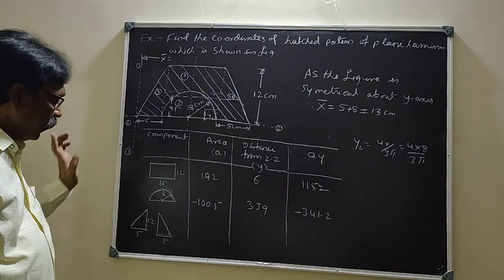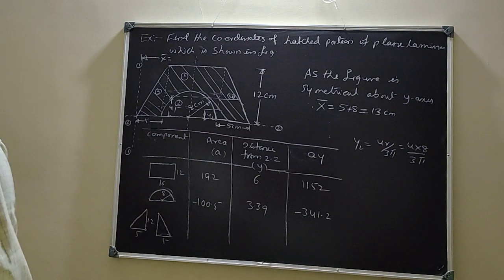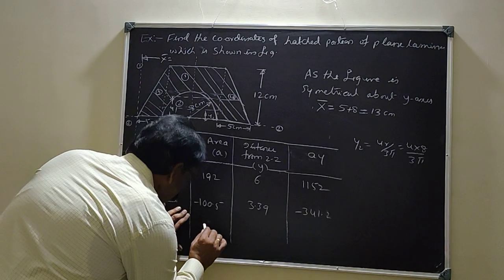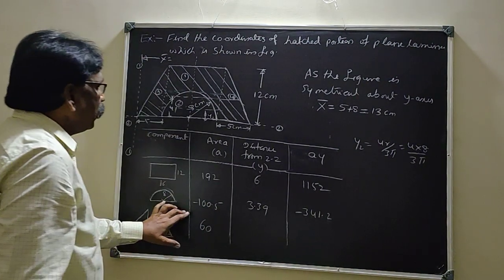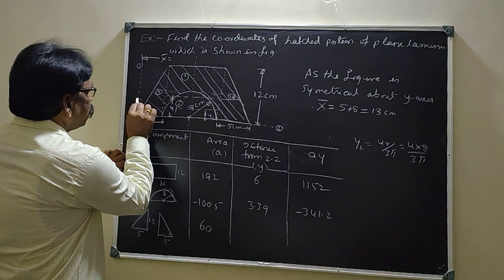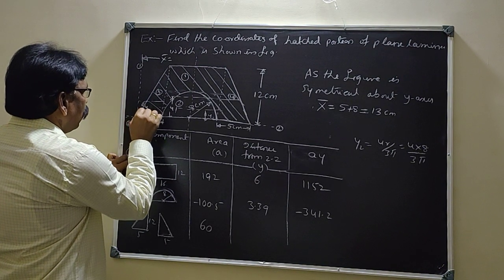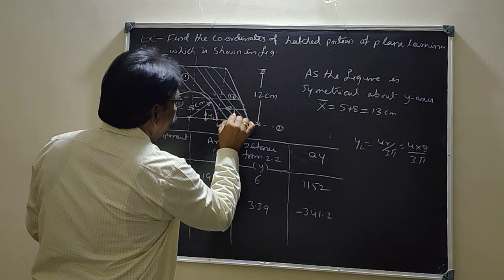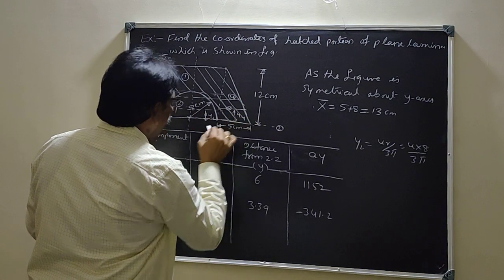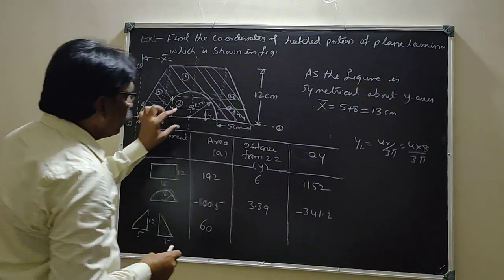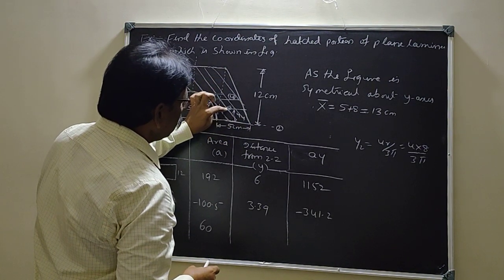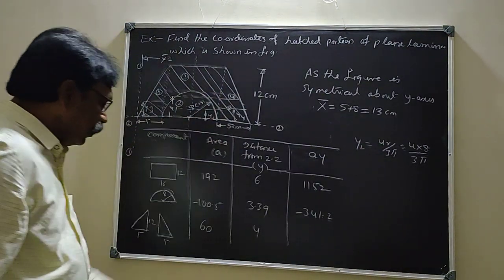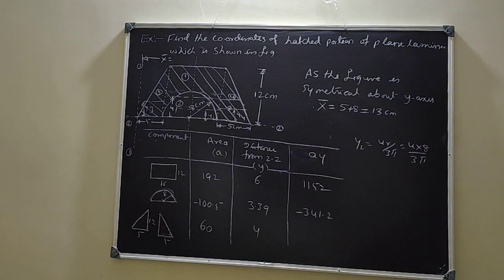The total area of these two triangles together will be 60 centimeter square. As far as the centroidal distance is concerned, this is y3, and similarly this is y4. So together y3 and y4 are equal, that works out to be 12 by 3, because it is 1/3 from the base. So that will be 4 centimeter. So the product will be 240.